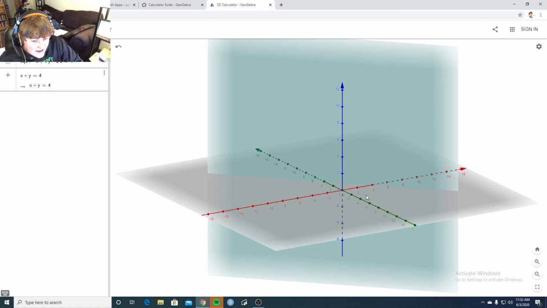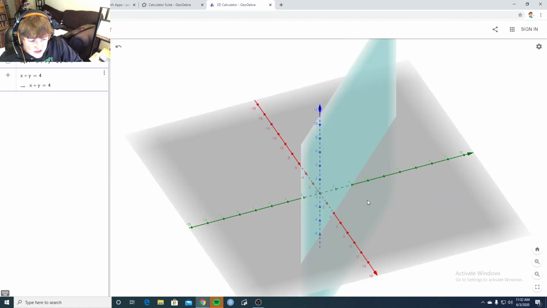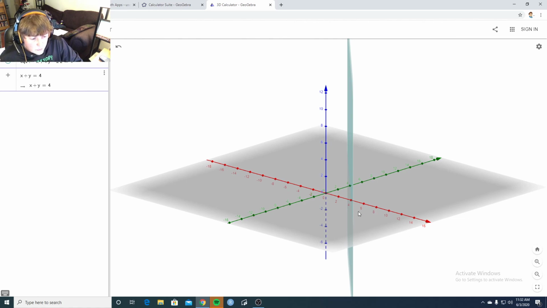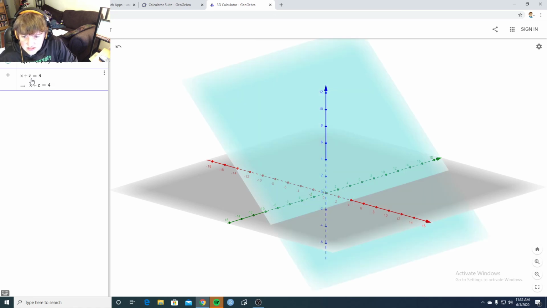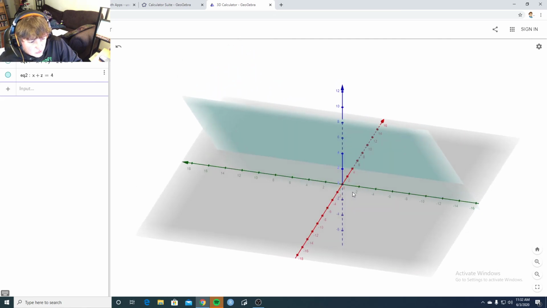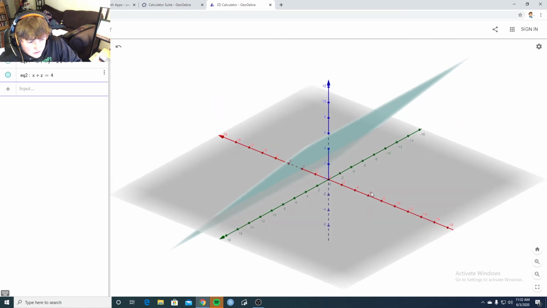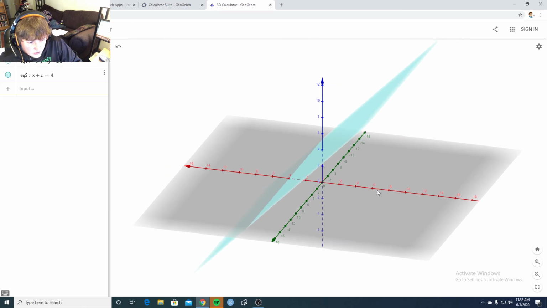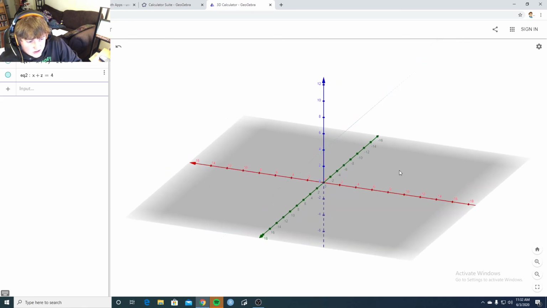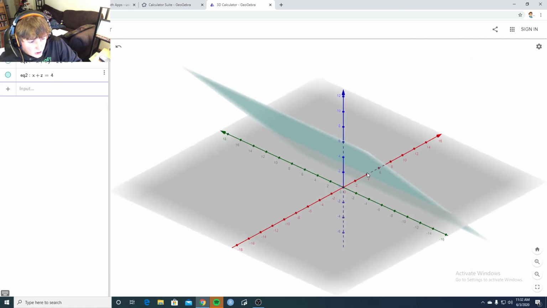Okay, and so then I can go ahead and change this a few different ways so we can visually see what it would look like. For example, what if I change this, instead of Y, to Z? We have no Y variable. Well, now the green Y axis just shoots right on over top. It's going to go right through X is 4 and Z is 4, in a line that's just going to shoot right past it, never to touch it at all.